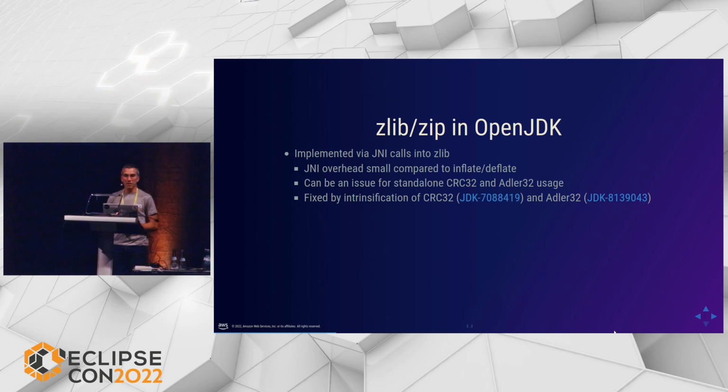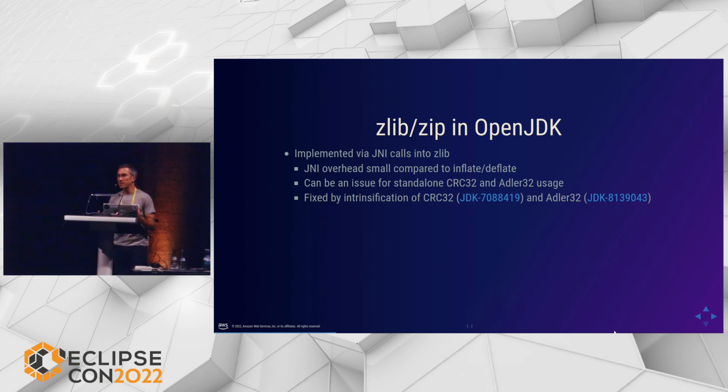But the java.util.zip package also exports the CRC32 and Adler32 checksums. And if you use that for smaller text, the overhead can be quite significant. Because of this, the CRC32 and Adler32 functionality was later implemented as intrinsics.